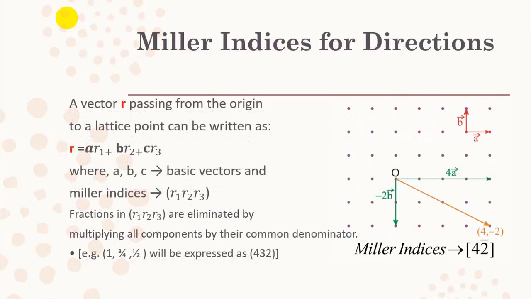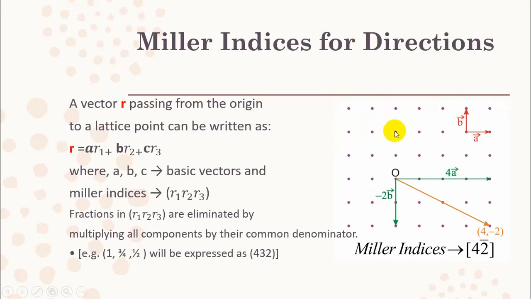Miller indices for directions. Let's have a look at the picture on the right side. These are lattice points in a crystal lattice. These points are equally spaced vertically and horizontally.